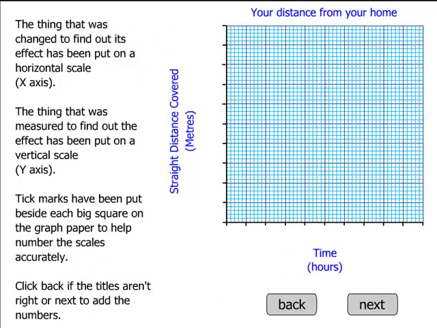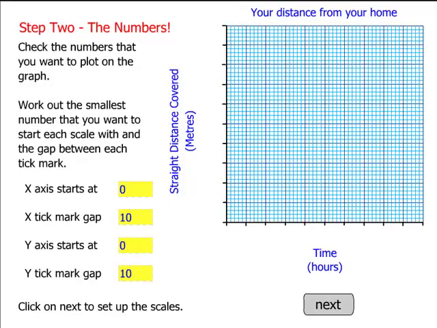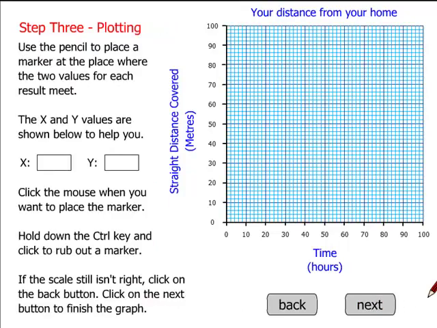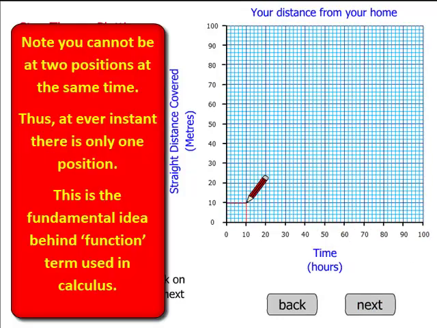To illustrate this point, we take some dummy data. We say that the x-axis starts at 0, and after every 10 units there is a tick mark on the x-axis. Similarly, the y-axis starts at 0, and after every 10 units there is a tick mark. Now we take x and y values, and the most important point is that for a given time there can be only one position.